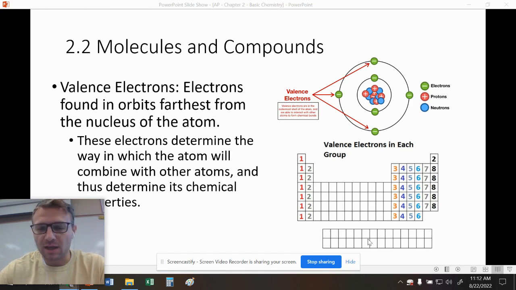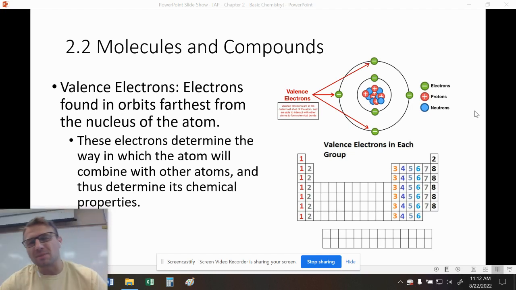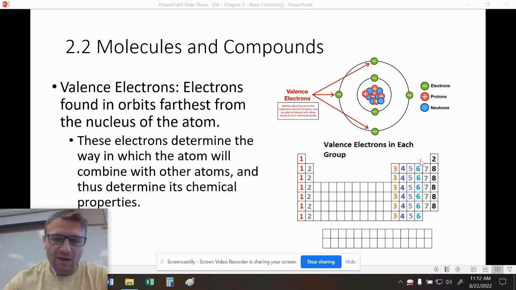These ones in the middle and these ones here at the end, if I ever would give you one of these to figure out, which I won't, I would tell you, hey, this has 4, 3, 8, whatever, because they're kind of random in here. But basically just remember that these groups have 1 valence electron, 2, 3, 4, 5, 6, 7, and 8. Atoms typically want to have 8 valence electrons, not always.